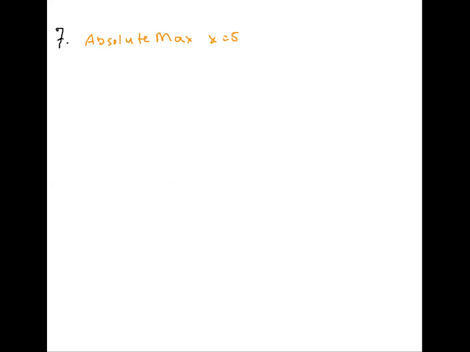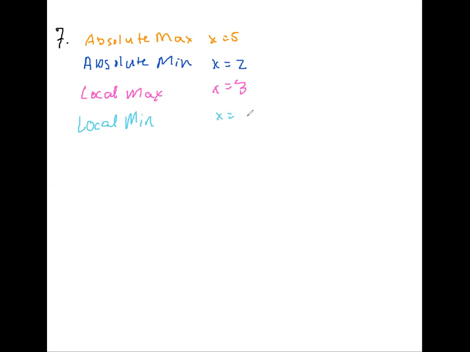We have an absolute min at x is equal to 2. We have a local max at x is equal to 3. And we have 2 local mins. One at x is equal to 2 and one at x is equal to 4. And then this whole function is going to be on the interval 1 to 5.